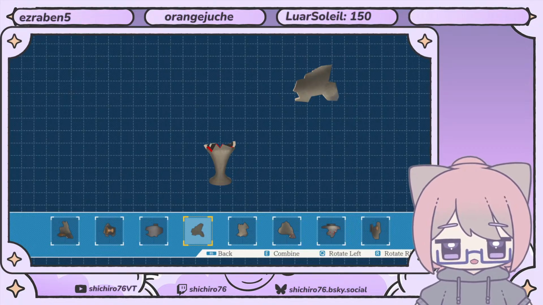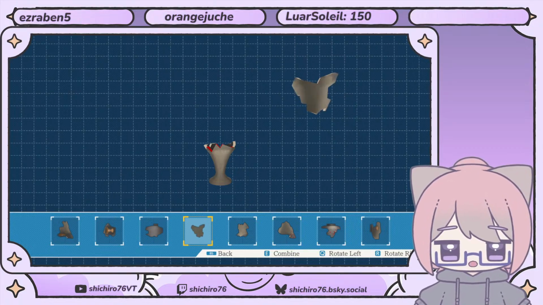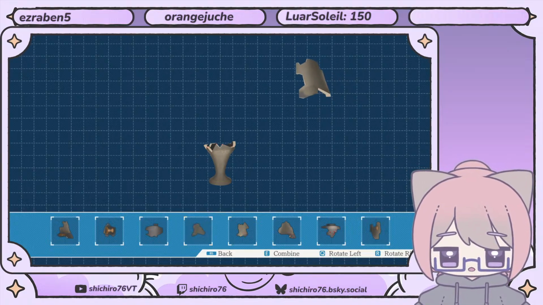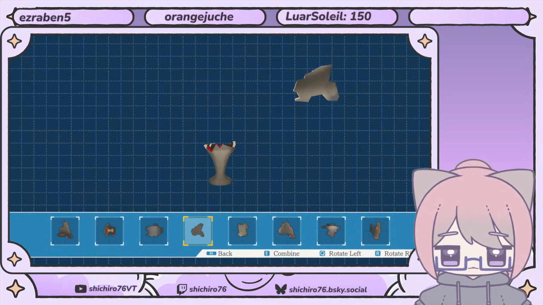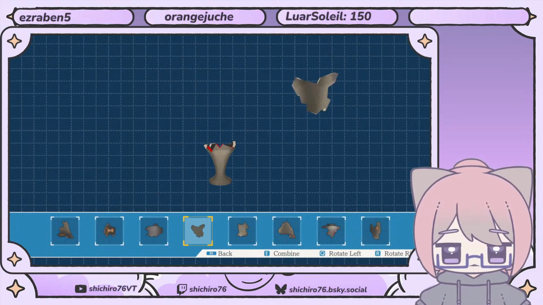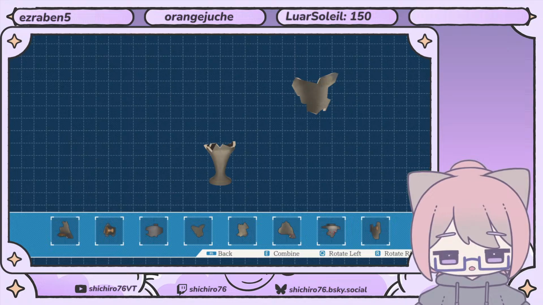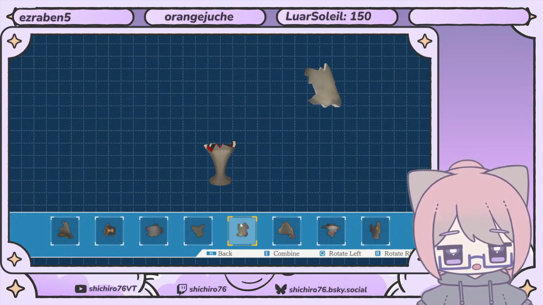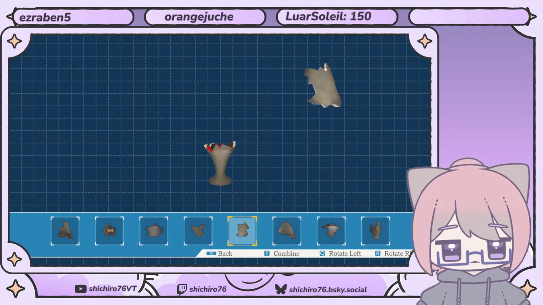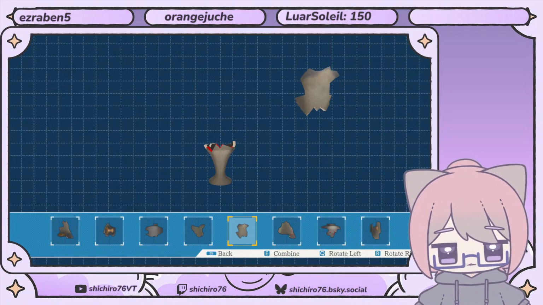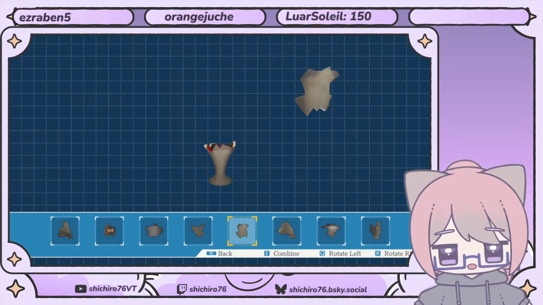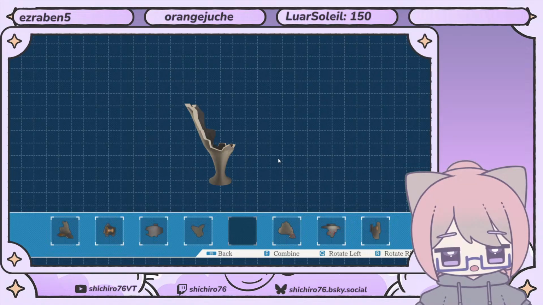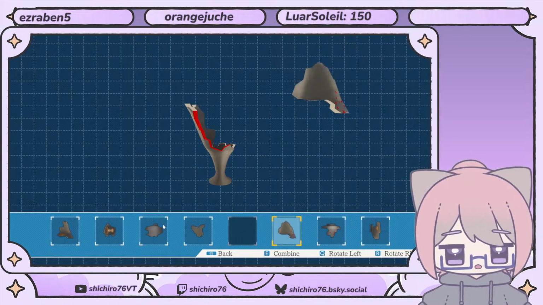But I cannot, so let's just rotate these pieces. Hopefully maybe it gets easier after the first one. Yeah, I don't think this is it. Oh, look at that! Let's turn it upside down. Please fit. Yes! Oh my goodness. Oh, that took forever.